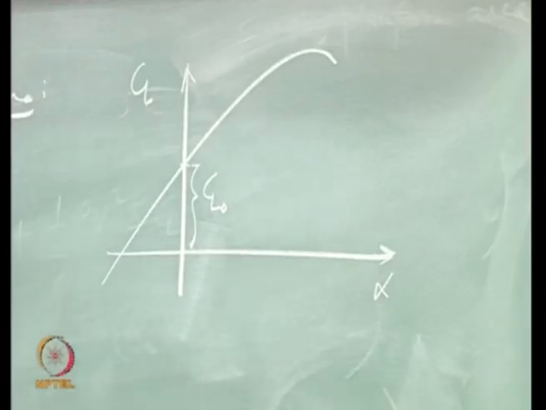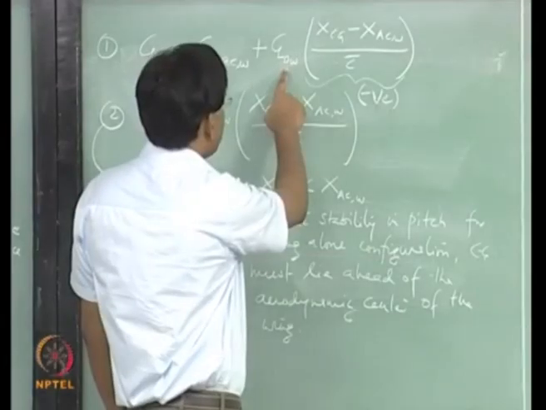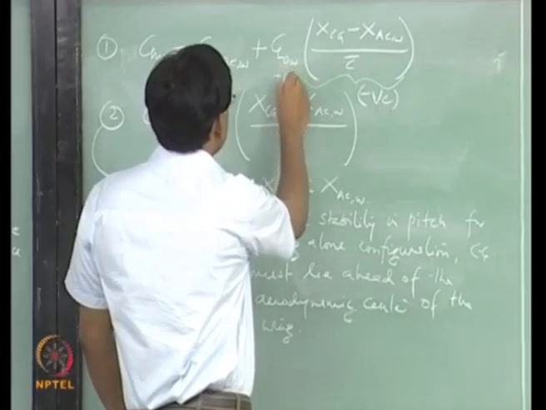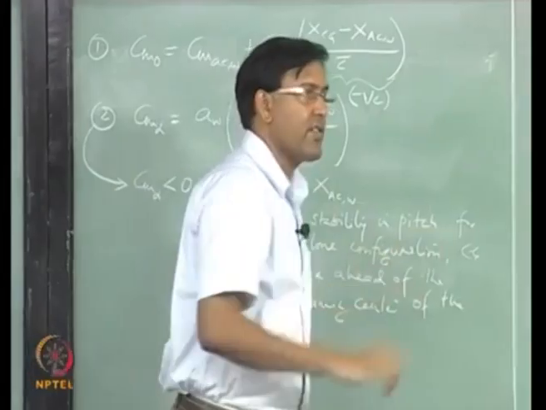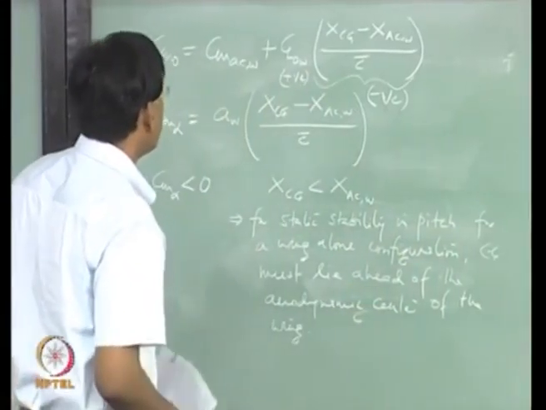So, CL naught positive. So, this quantity is positive for a positively cambered wing, which generally we would want to have.